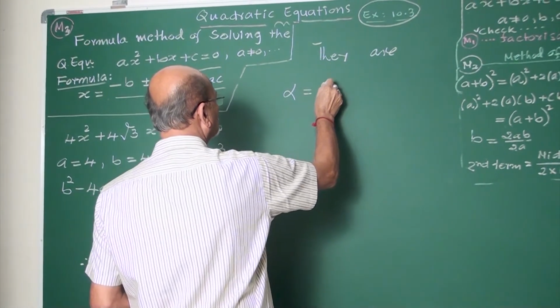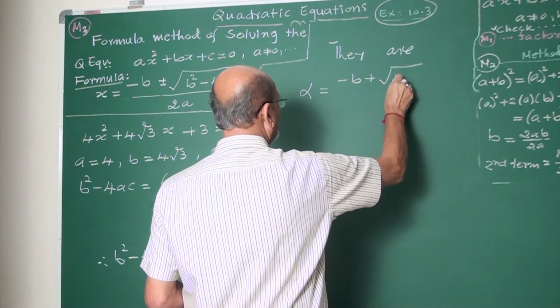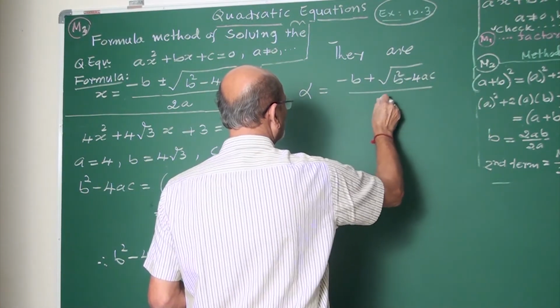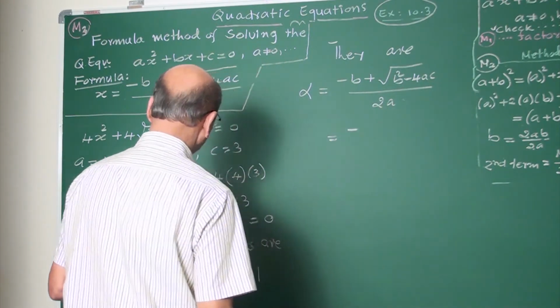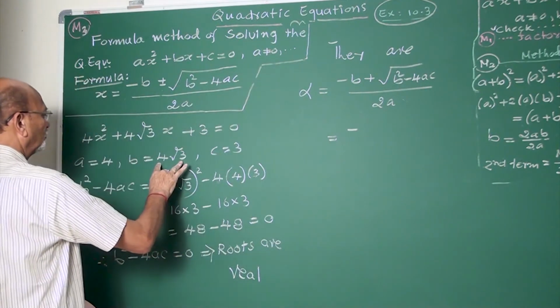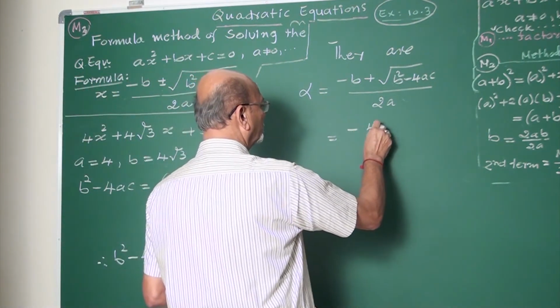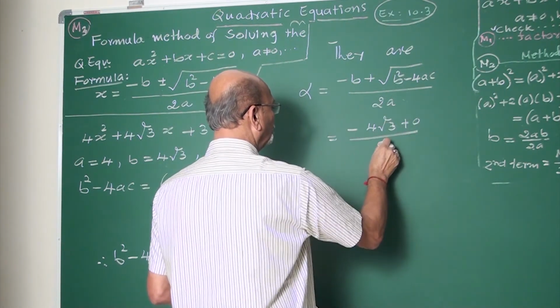Alpha equal to what? Minus b plus square root b square minus 4ac upon 2a. First root, tell: minus b. What is b? b is 4 root 3. 4 root 3 plus 0 upon 2 into a.